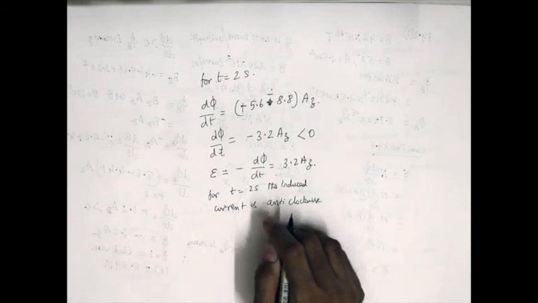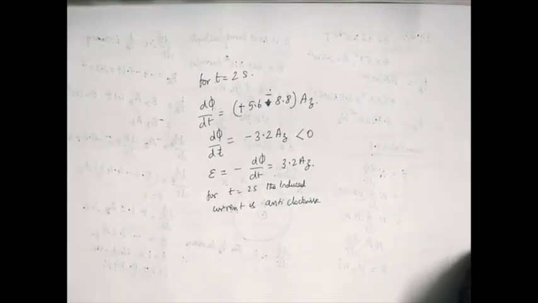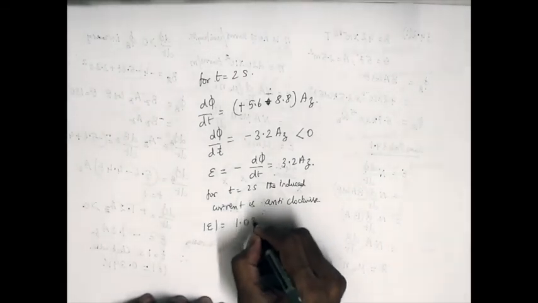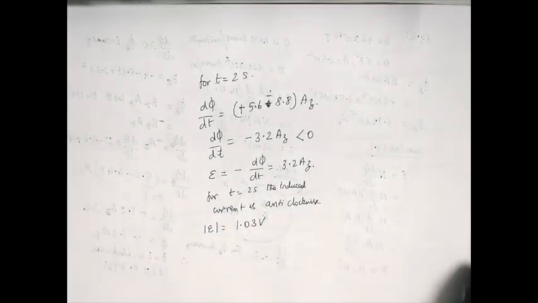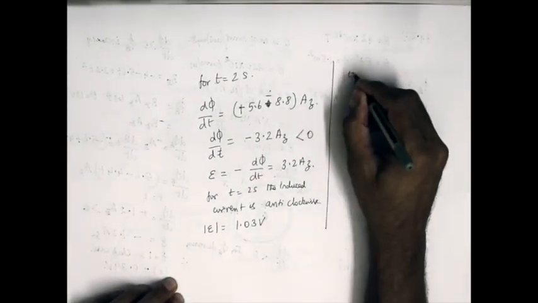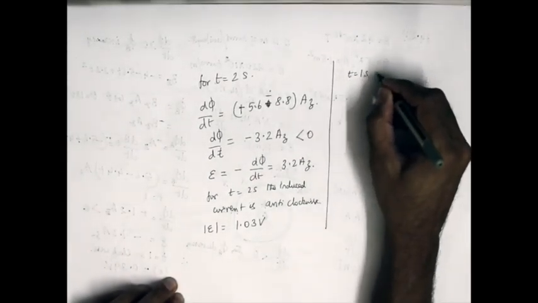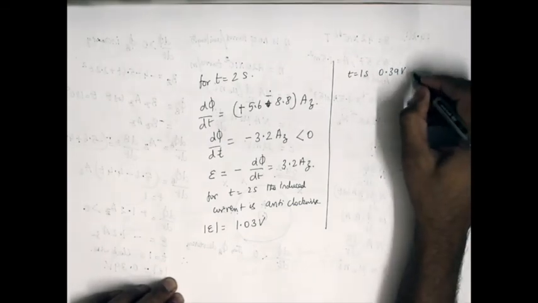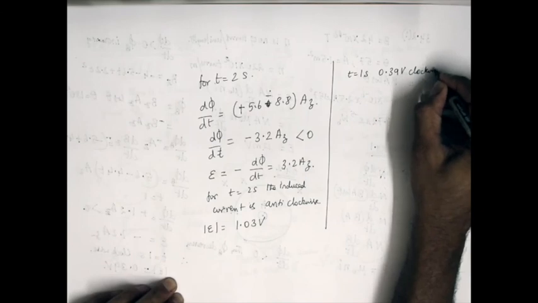And if you look at the sample problem that has been solved in the book, you will get the actual value for this particular induced EMF, and it is given by 1.03 volts. So to summarize, at t equal to 1 second, the induced EMF is 0.39 volts and it is clockwise.